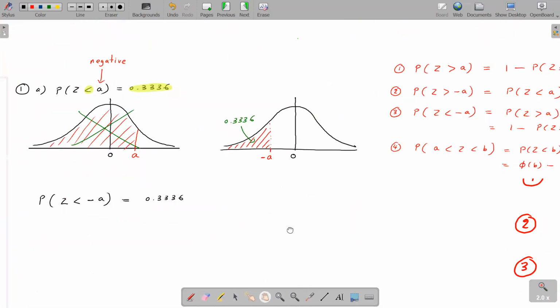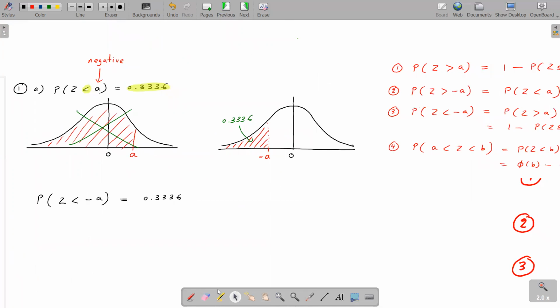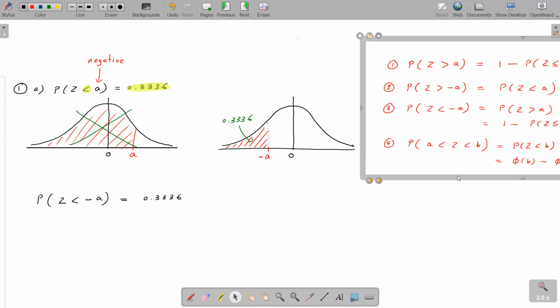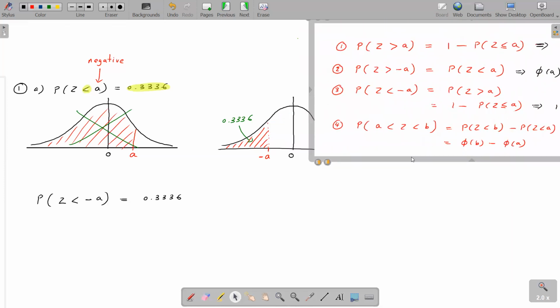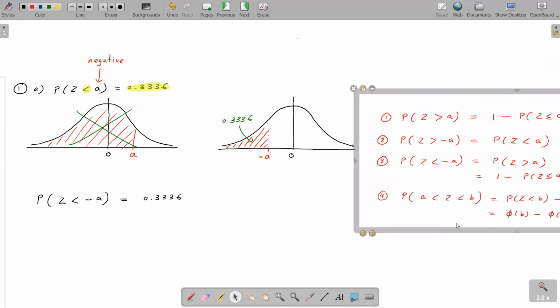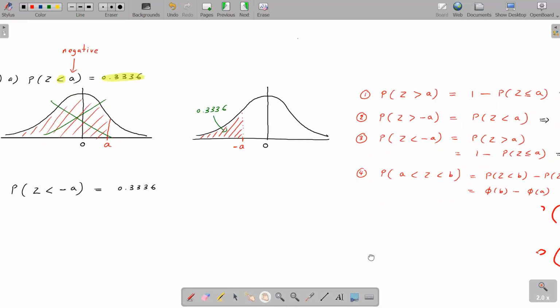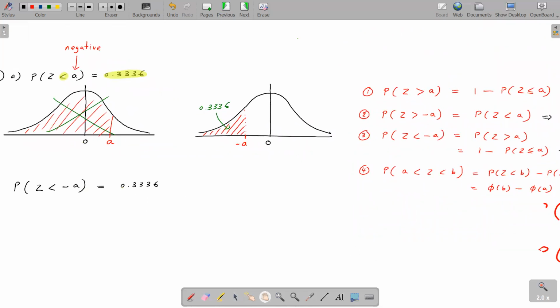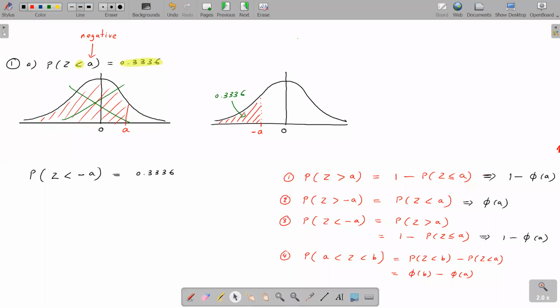So let's use them. All right, guys. So now let's try to get the value of A by using our table.